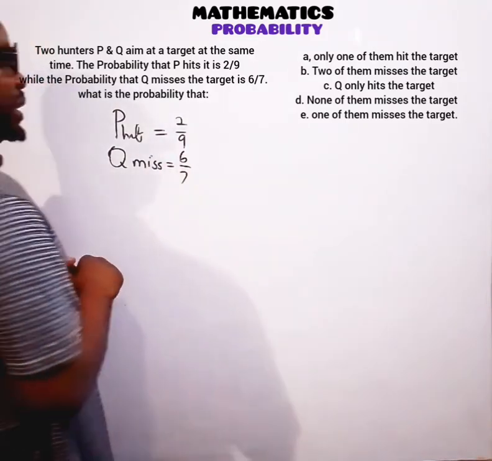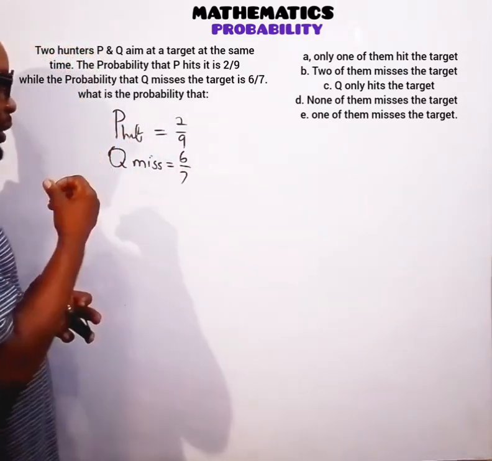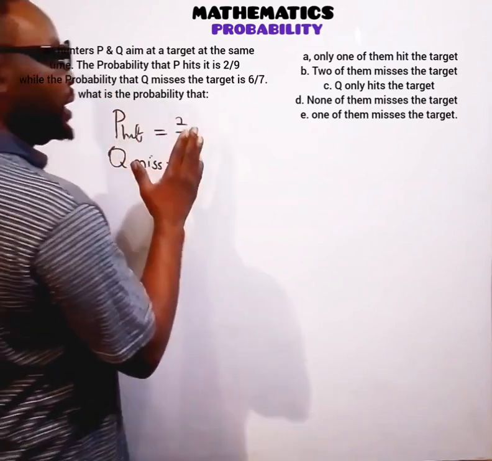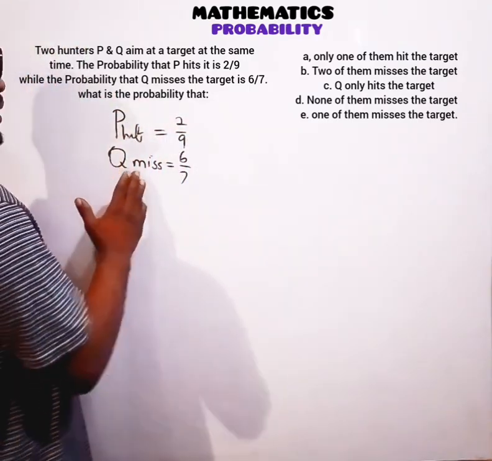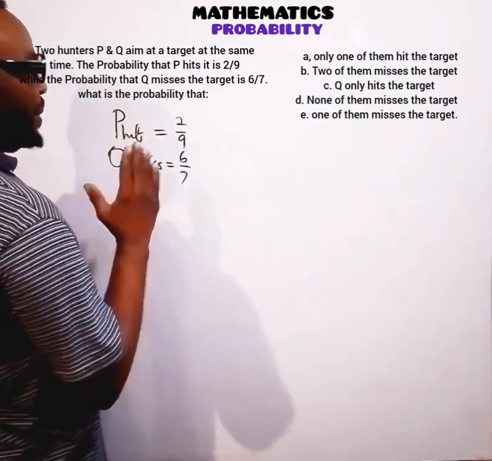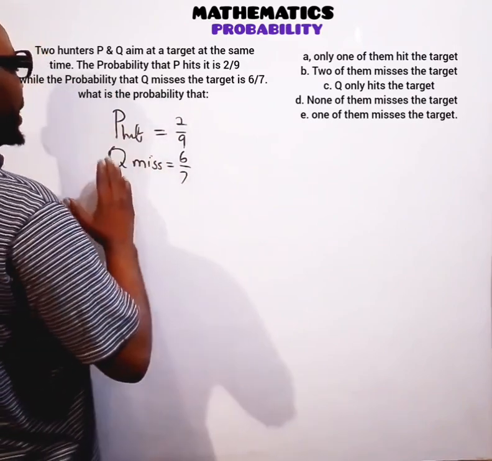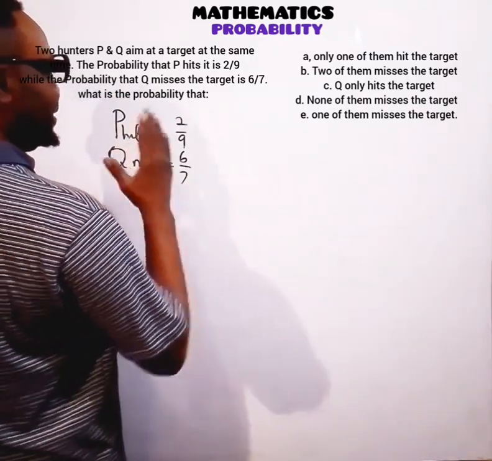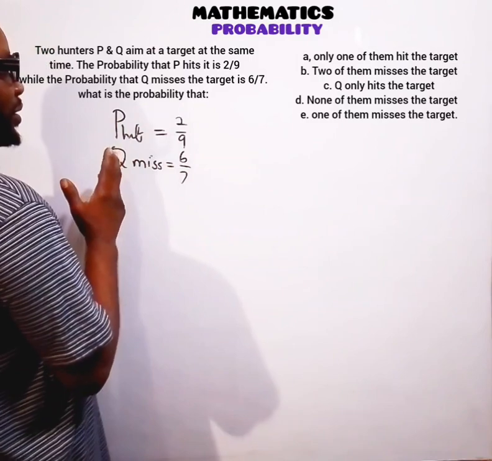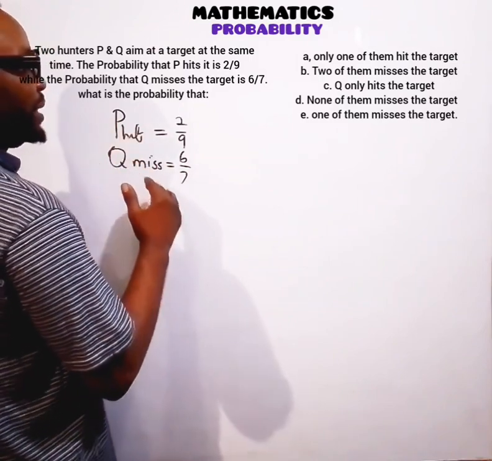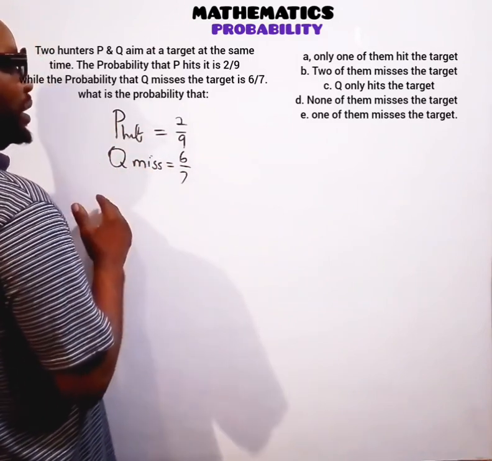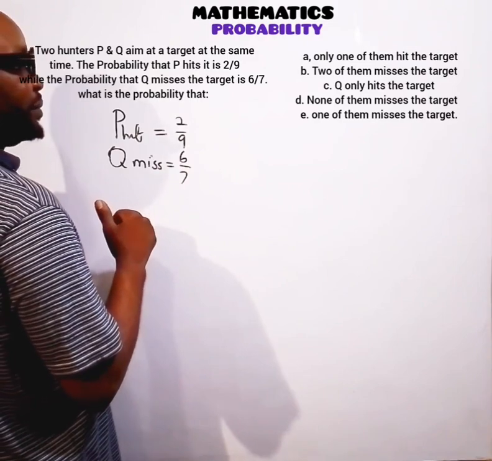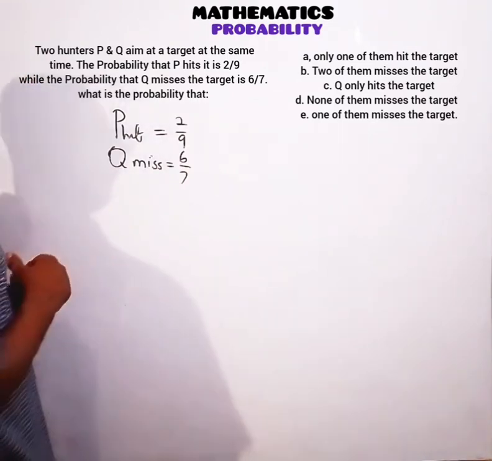What is the probability that (A) only one of them hits the target, (B) two of them miss it, (C) Q only hits it, (D) none of them misses it, (E) one of them misses the target?